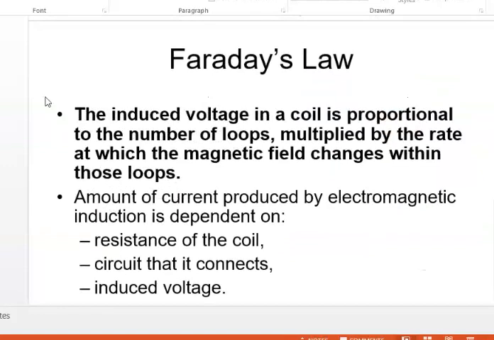Now come to the point. Looking over all the activities in the previous section, if you summarize all of them together, then you will come to know the law of electromagnetic induction that was given by Faraday.